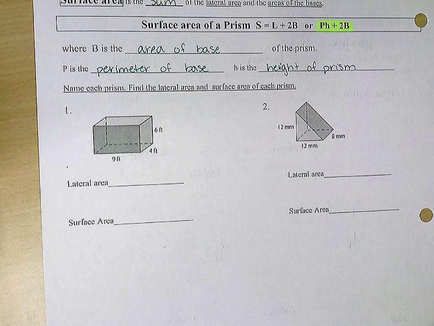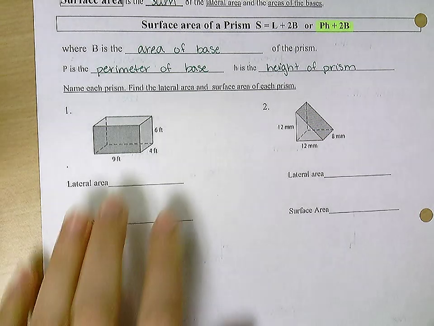So the first thing we want to do is name the prism. When you name a prism, you name it by the bases. So it is a rectangular prism. Go back to 3rd grade.